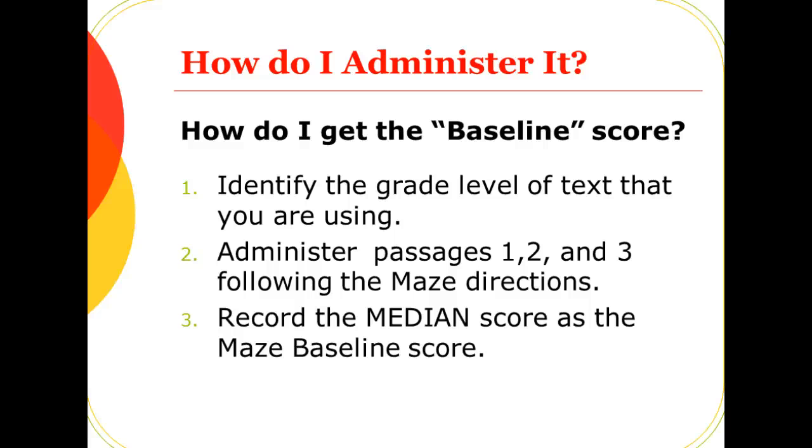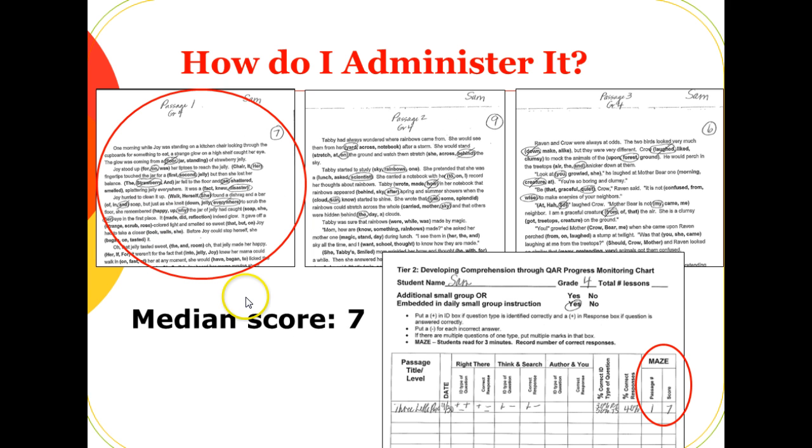What you'll do then is score passage 1, 2, and 3, and the one that will be considered their baseline is the one that is the median score. That will be what you're going to record for the maze baseline score. So for example, if for passage 1 the students scored a 7, they had 7 correct responses.